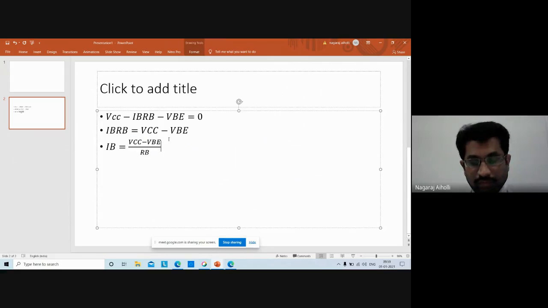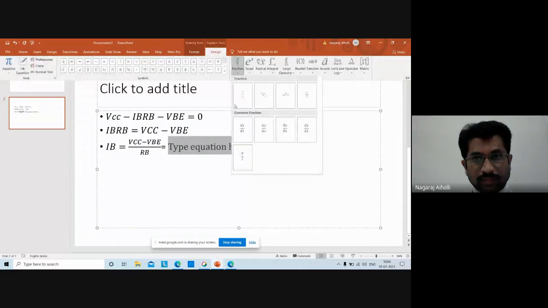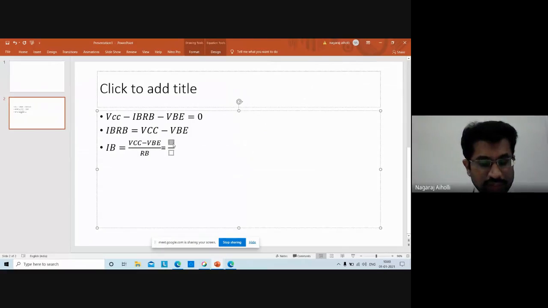Right now, VBE we know is 0.7 volts for the silicon transistor. Therefore IB is equal to VCC minus 0.7 volts, divided by RB.